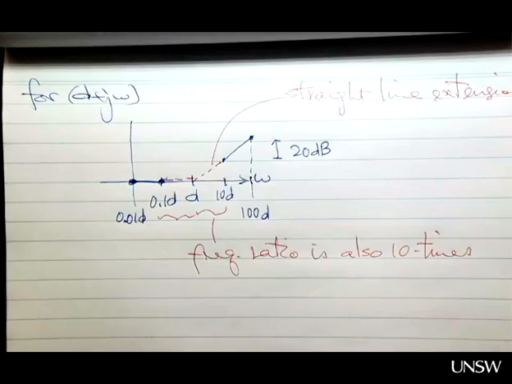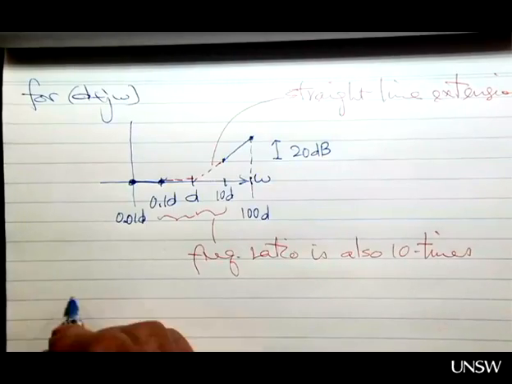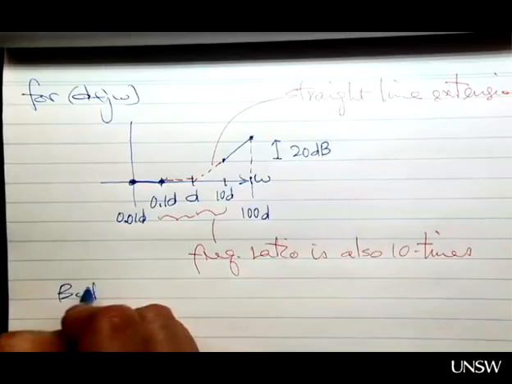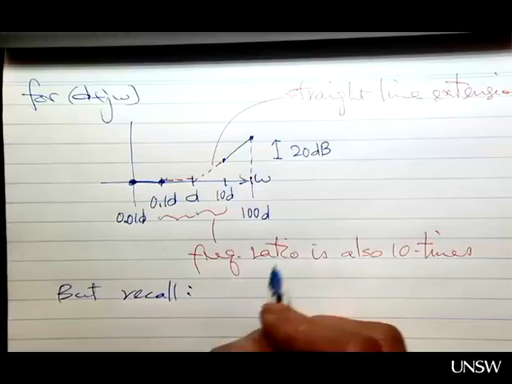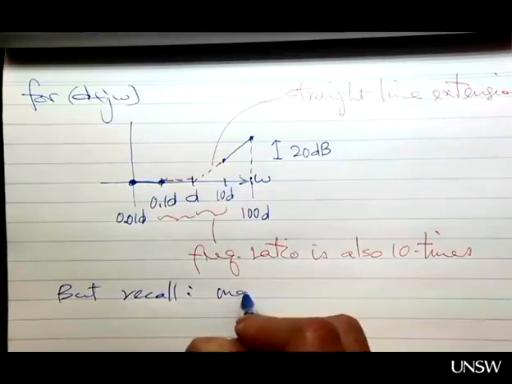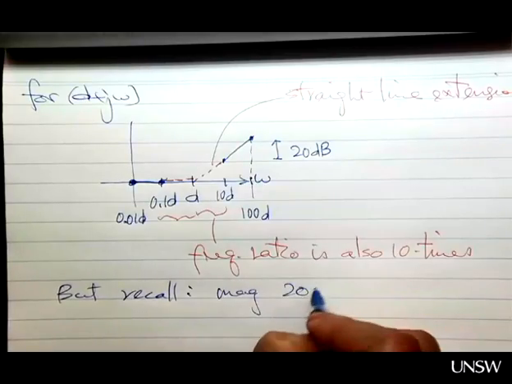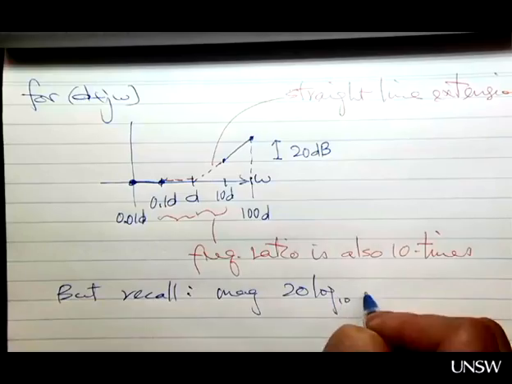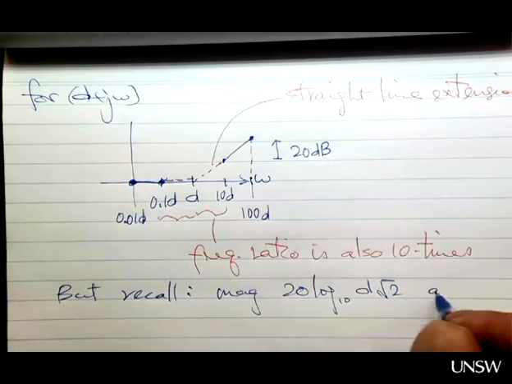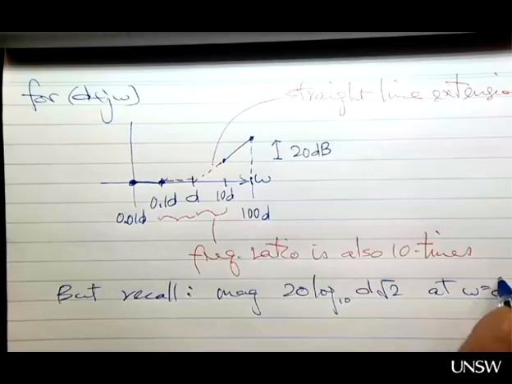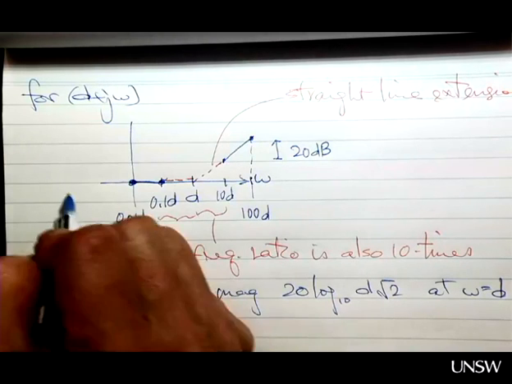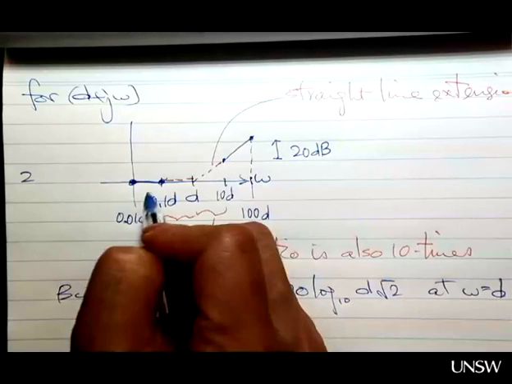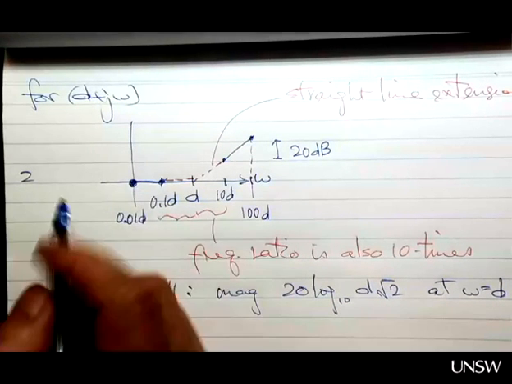But recall that the magnitude is 20 log10 d root 2 at omega equals d. But at 0.1 omega, it is 20 log10 d.